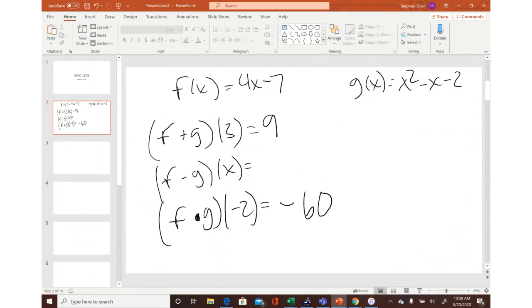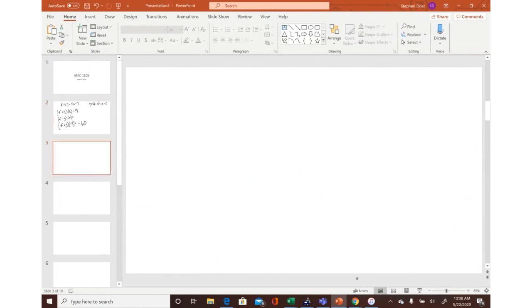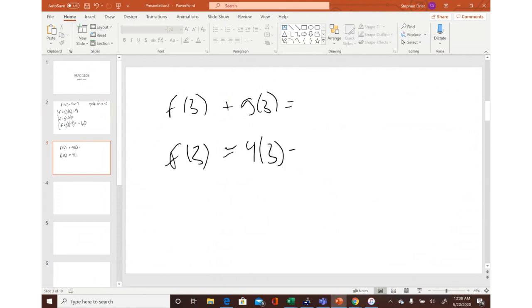Let's look at f plus g of 3 first then. So f plus g of 3, you would find f of 3, you would find g of 3 and you would add them together. We agree on that? Yes. So to find f of 3, you would do 4 times 3 minus 7, which is 5.